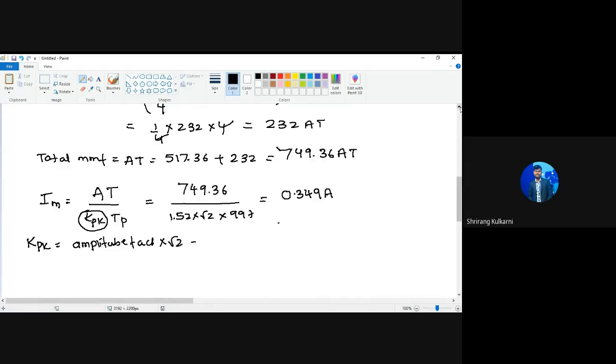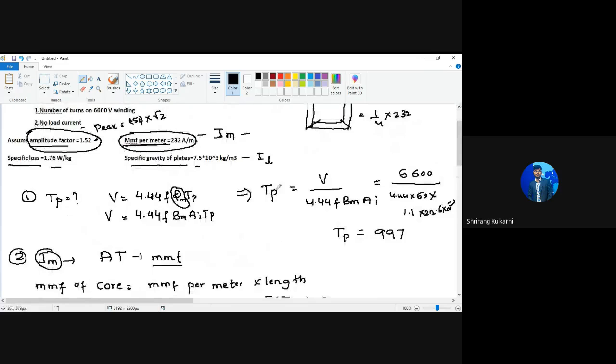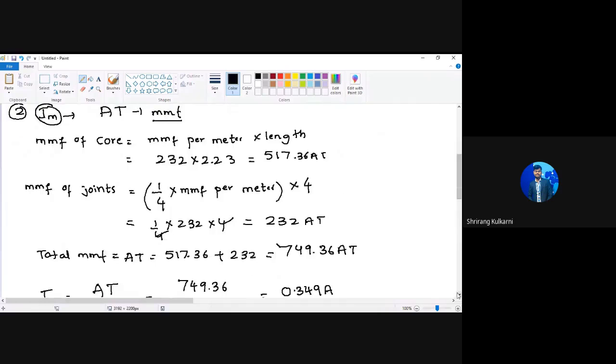So what we have done now? We have calculated the TP value with the help of voltage formula. TP is calculated. We have got 997. After that, magnetizing current we have to calculate. For that purpose, we have to calculate now MMF of core, MMF of joints. How to calculate MMF of core?